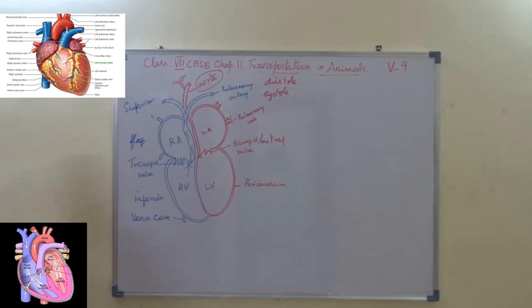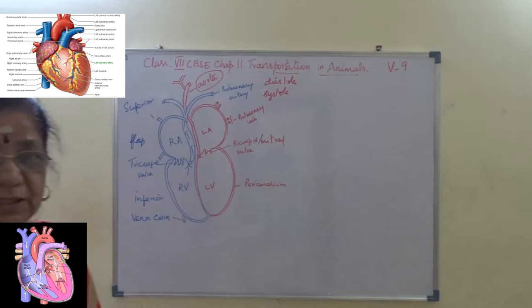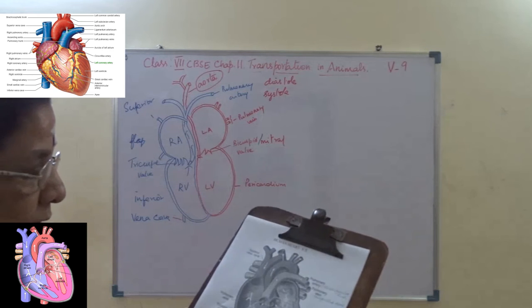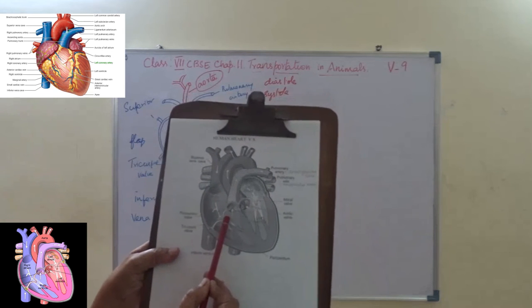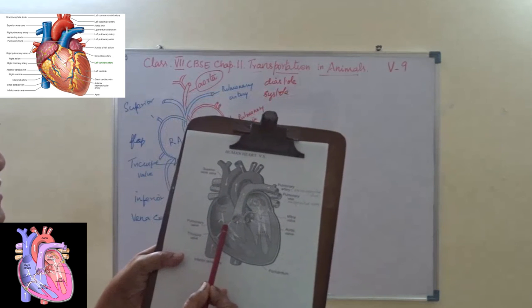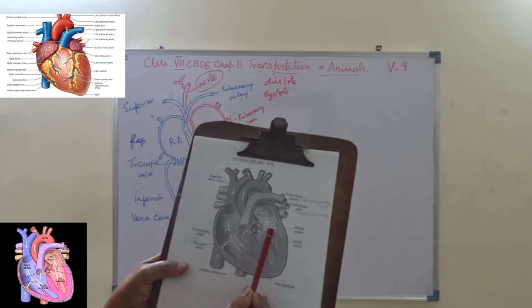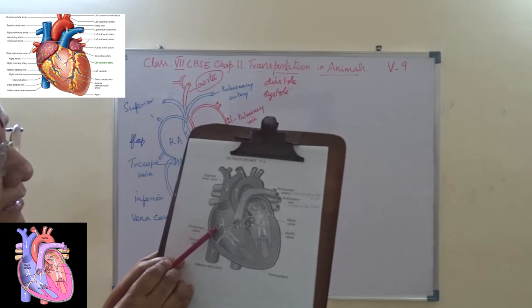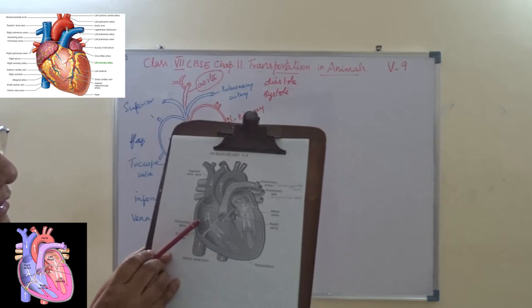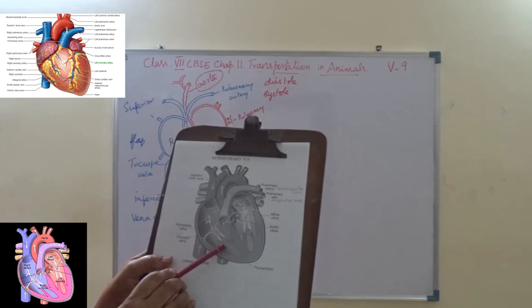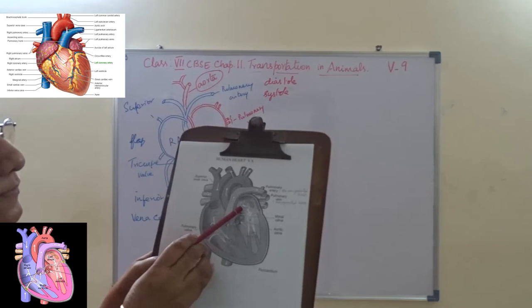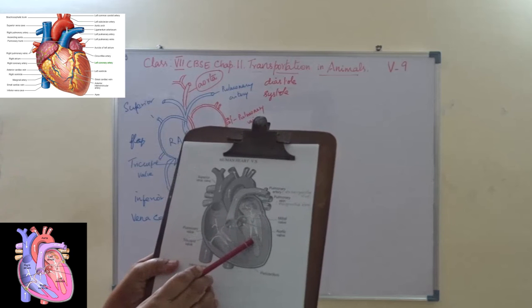Okay. When the picture comes in, this is tricuspid valve. This is bicuspid valve. Right atrium, arrow, can you see, from right atrium to right ventricle. Same way left atrium to left ventricle.